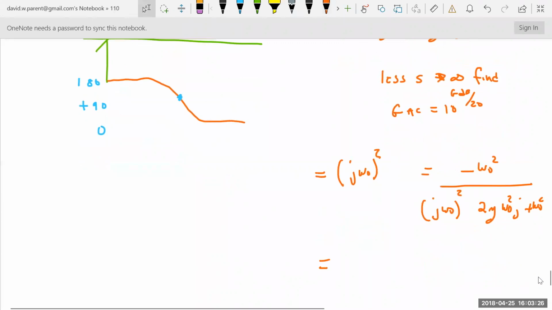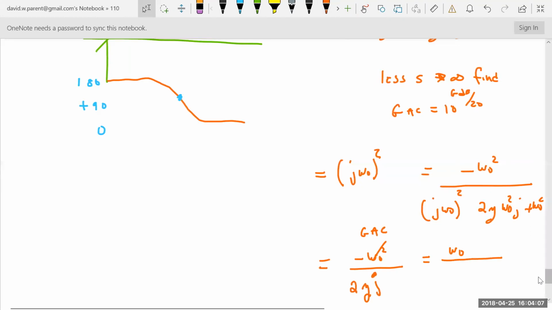Well, these two cancel each other, so I get minus omega naught squared divided by... wait, oh, and sorry.